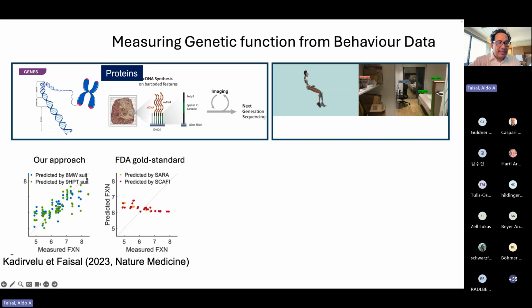So you see that the data lies on a diagonal. So this means that the measured level of the protein and our predicted level of the protein are highly correlated. Well, if you use the FDA-approved gold standard biomarkers that are based on simplistic assessments of human behavior, there's in fact no correlation with the gene activity.